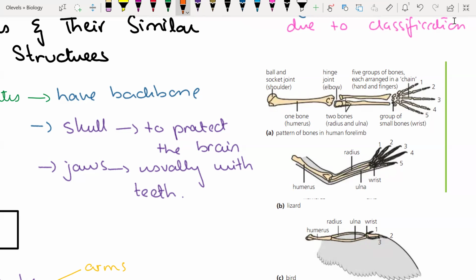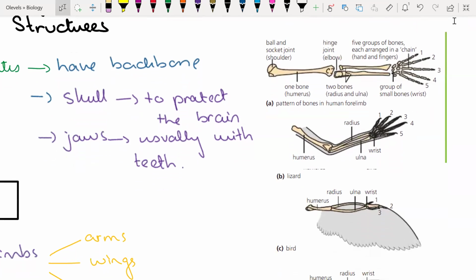I think this pattern is very familiar to you. When we talk about lizards, this is the pattern for lizards. You can see that they have a humerus. The lizards also have radius and ulna. Then they have a wrist and those five groups of bones as well, right?